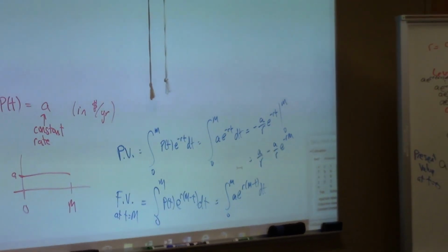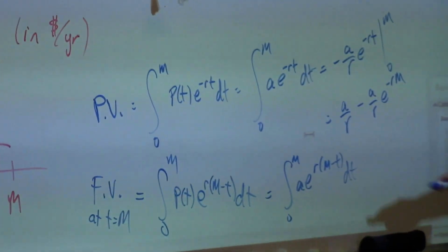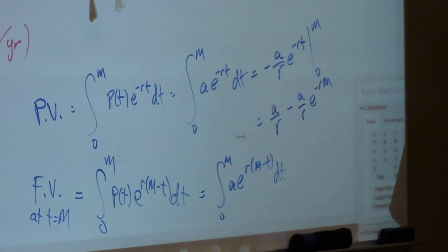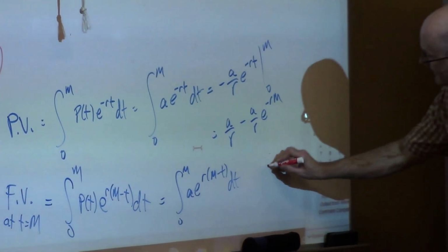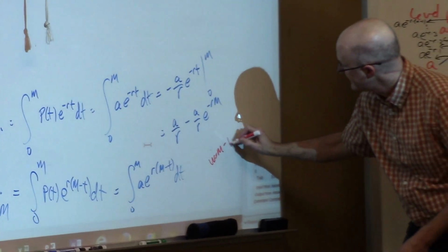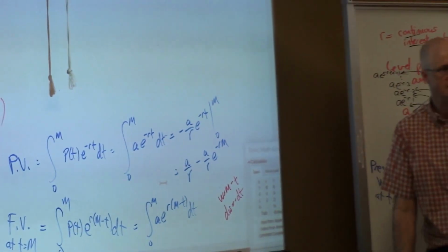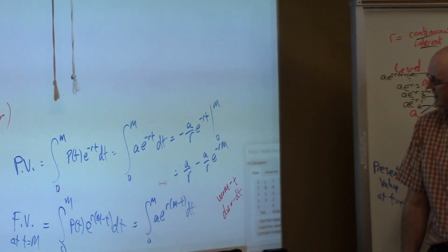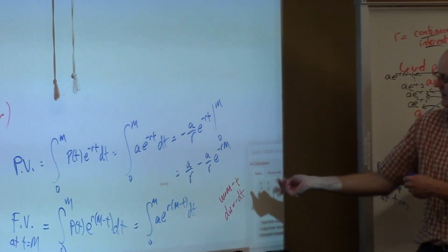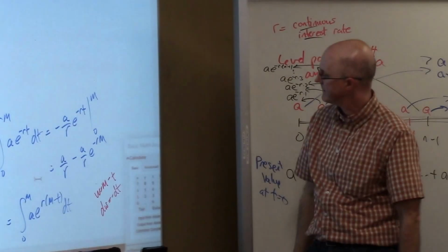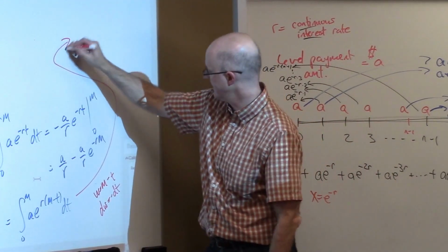That wouldn't be too hard to do by hand. You may want to do a substitution, let w equal m minus t, to help you do it. dw would be negative dt, and you'd want to switch the limits of integration upon doing that. And although you could actually get rid of the negative sign by switching them back in order, maybe I should write down what that would be.